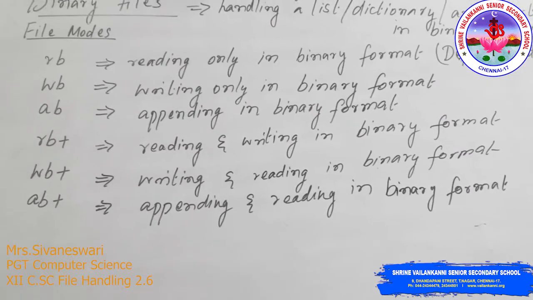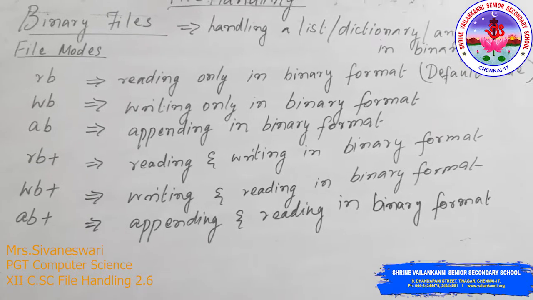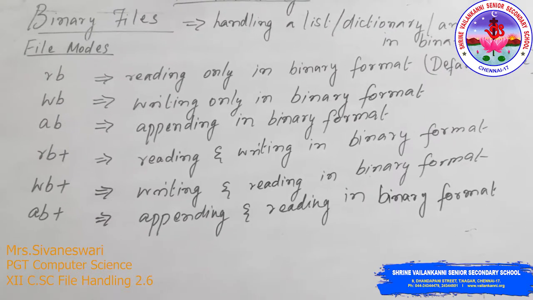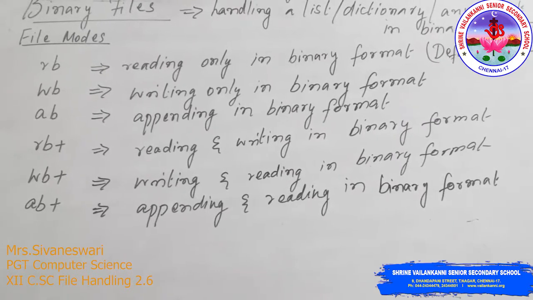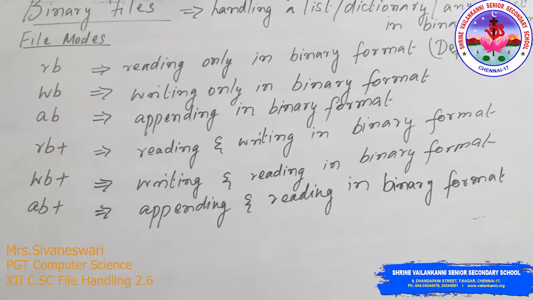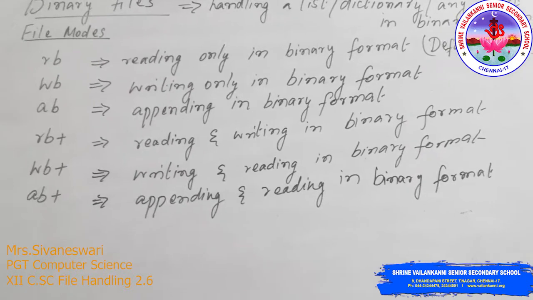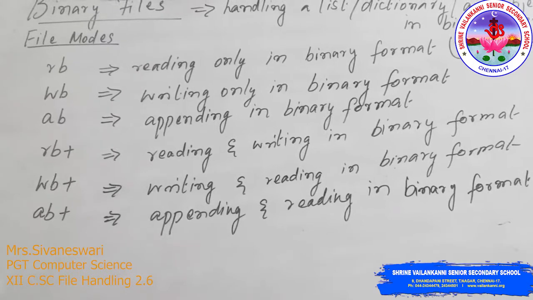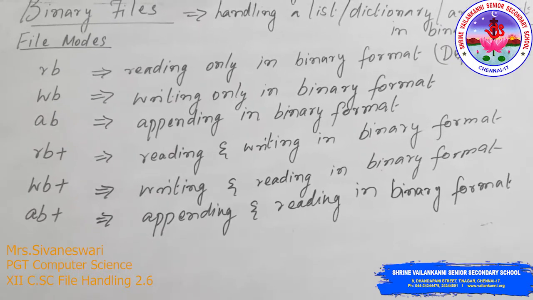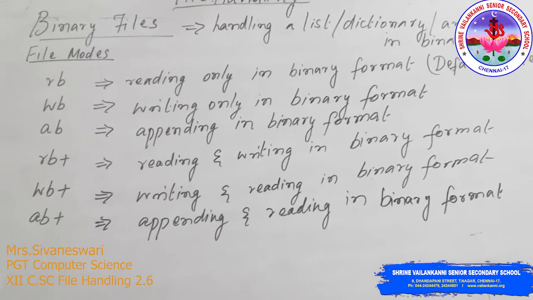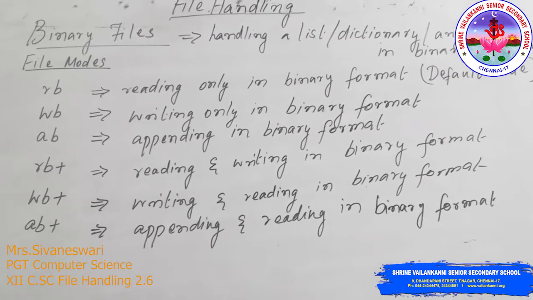The same is here, similar to text files. RB plus tells that both reading and writing can be performed simultaneously, and similarly WB plus tells that writing and reading can be performed simultaneously, and append mode plus tells that appending and reading can be done in the same file at the same time when opened once.